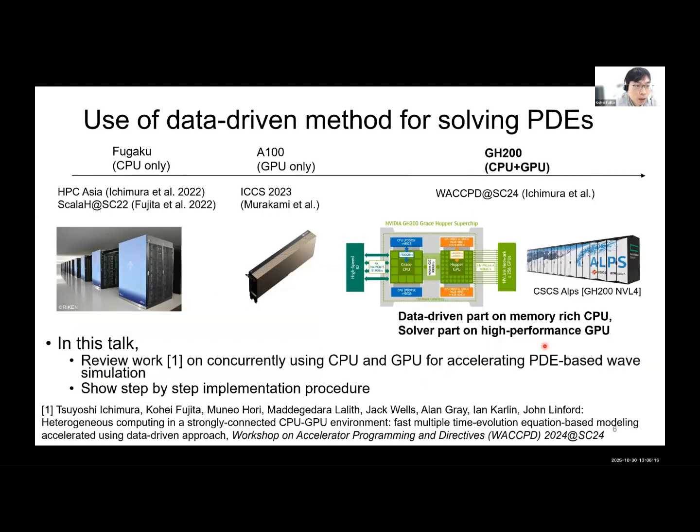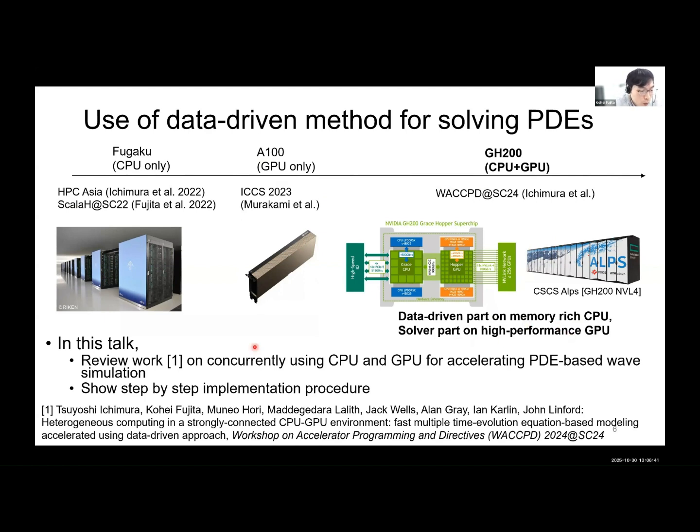Okay. As I have said, we've been doing this on a CPU-only Fugaku system. And also we've been doing this on a GPU-only system, the A100 system. And now we can do this using both the CPU and GPU, where we use the data-driven predictor on the memory-rich CPU part, and we use the solver on the high-performance GPU part.